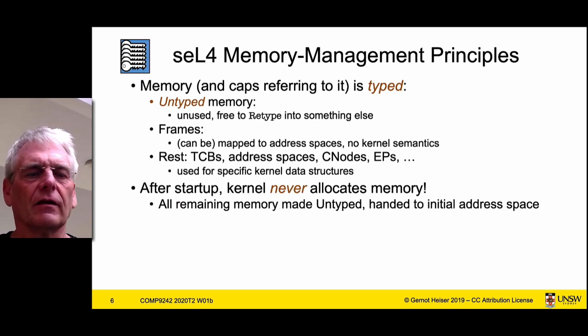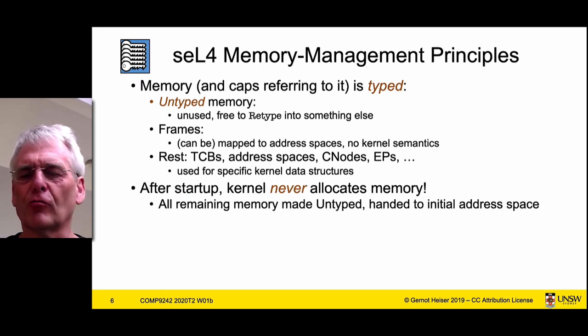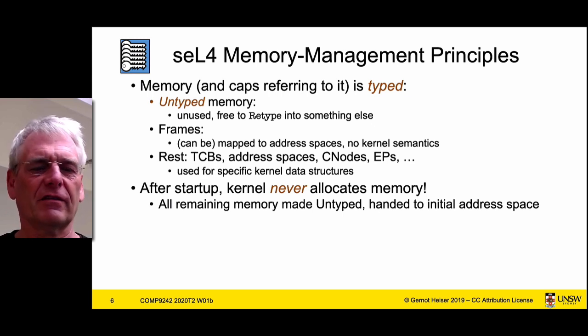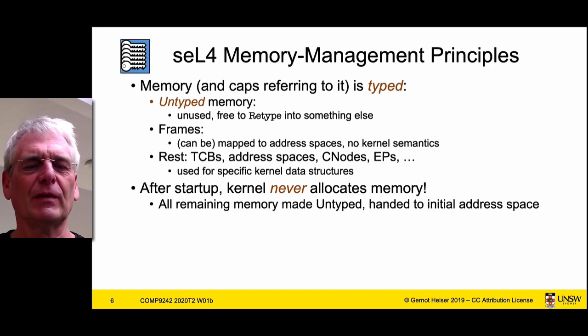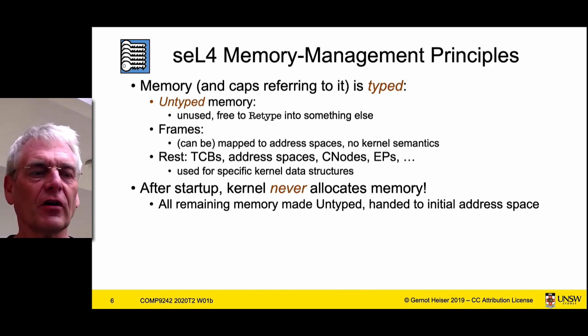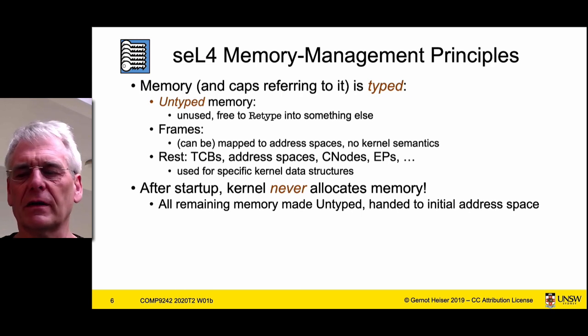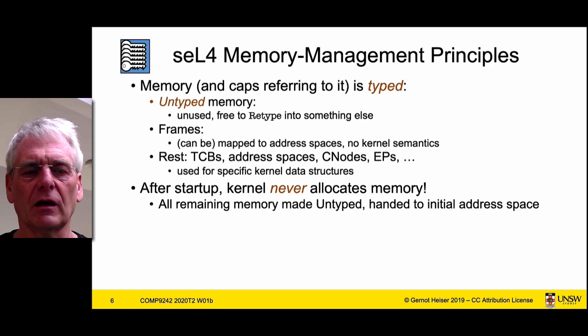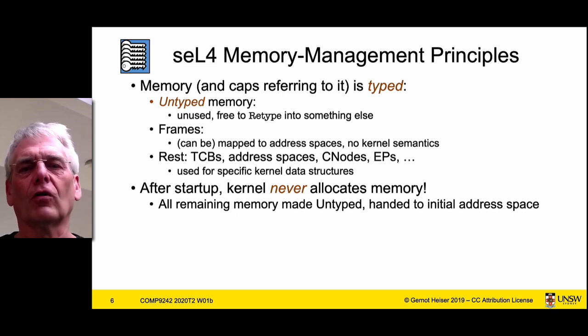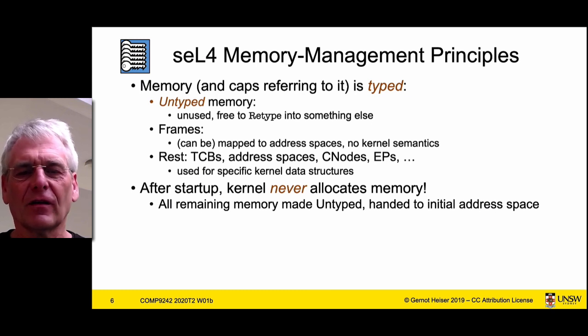And the interesting thing about seL4, which is part of its security story, but it's also what makes life hard for people trying to build systems on top, is that with these mechanisms of retyping or basic object types, seL4 delegates all kernel memory management to the user.